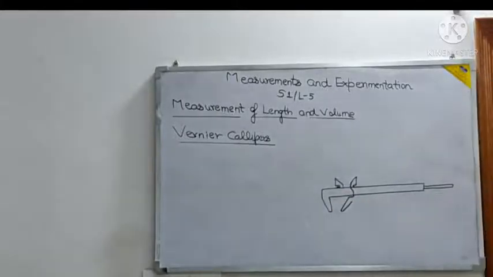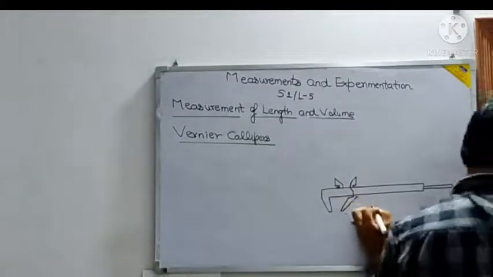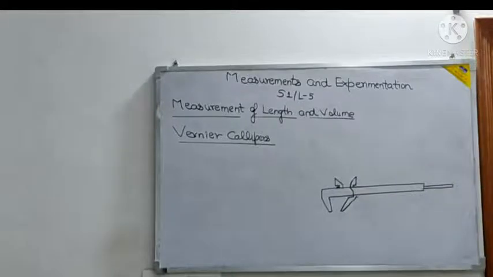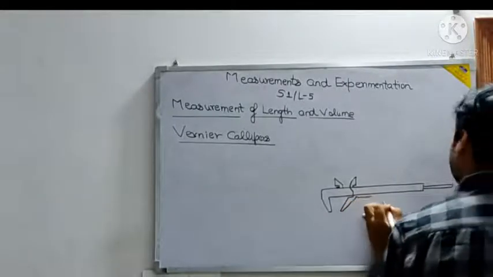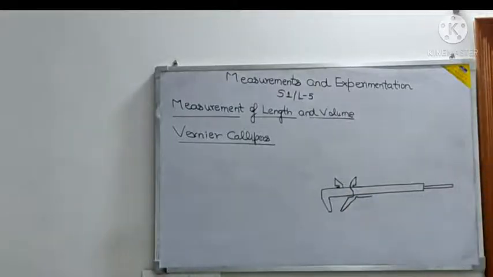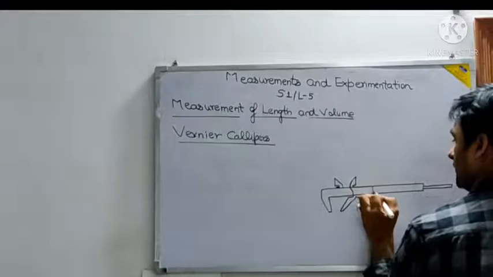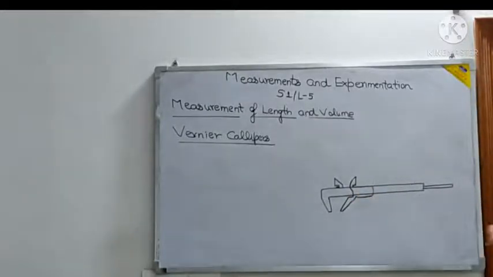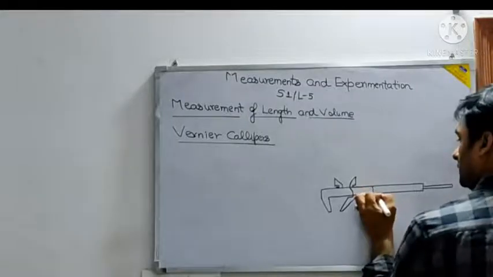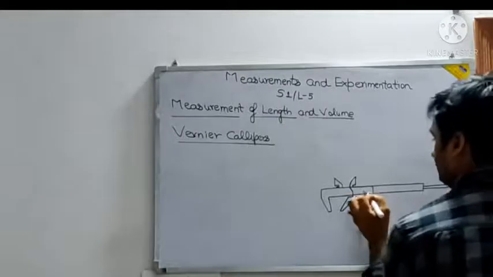Okay, this is your other movable jaw. This will be a little bit outside, a little bit here. This is your vernier scale now, and here it is complete. This is basically a vertical line only. Now inside this will be a vernier scale.